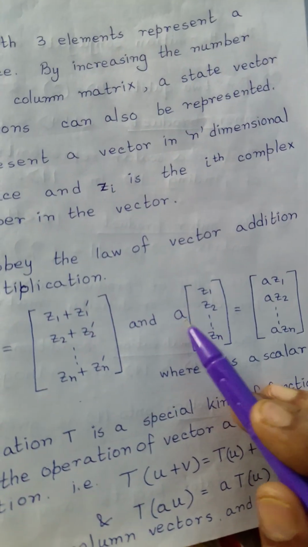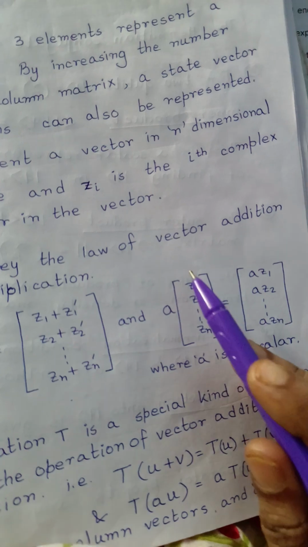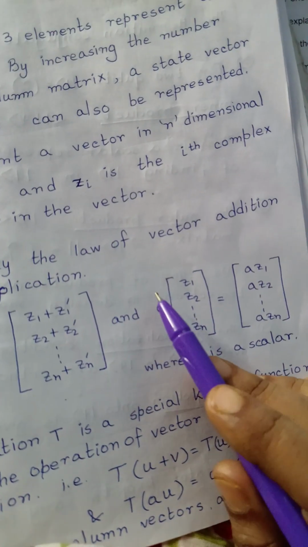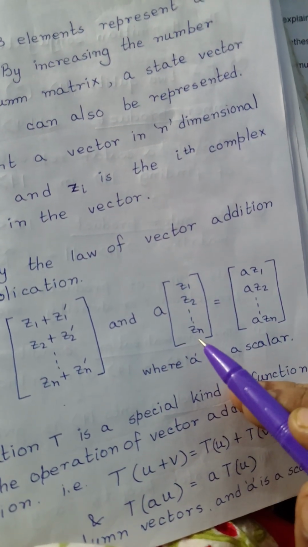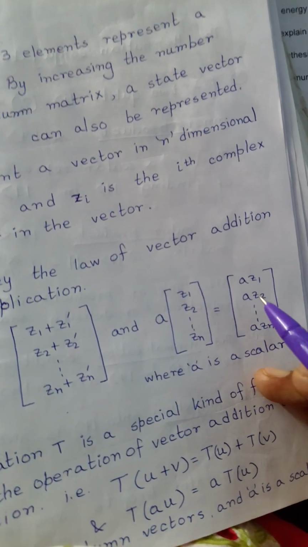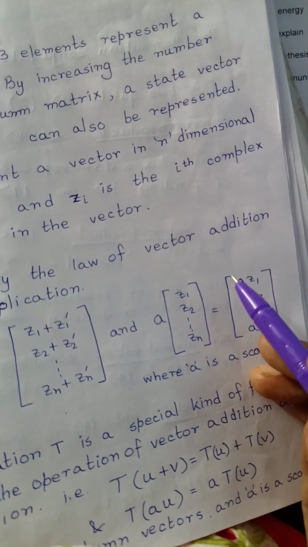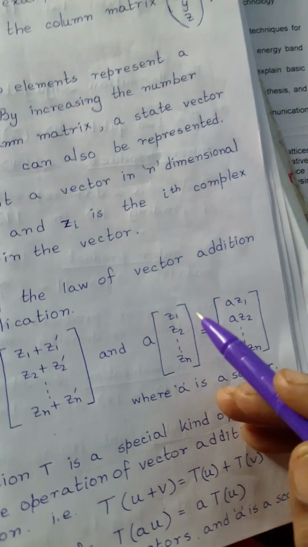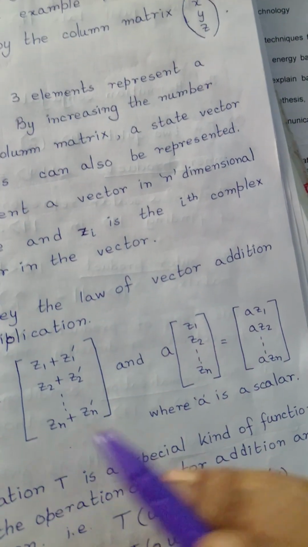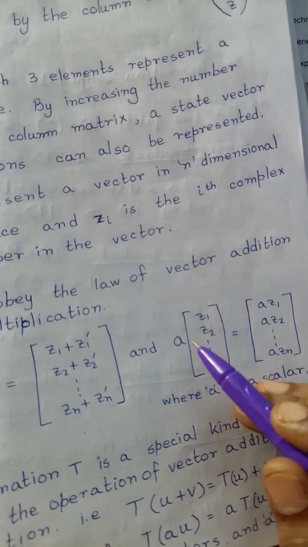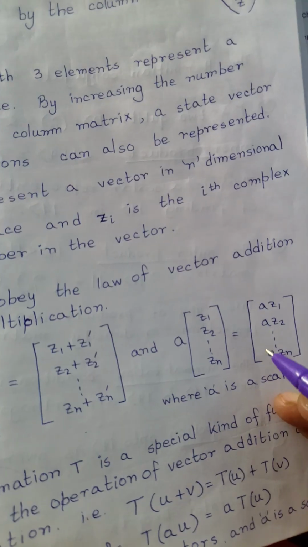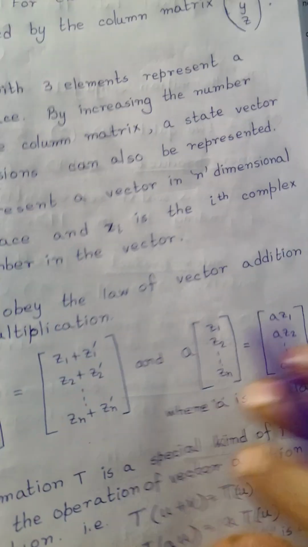And when a scalar quantity is multiplied with the state vector, with the column matrix, what happens? Each element of the matrix will be multiplied by the scalar quantity. You are already reading about matrix operations in mathematics. So I think you already know, when we multiply a scalar with a matrix, each and every element of the matrix will be multiplied by the scalar.